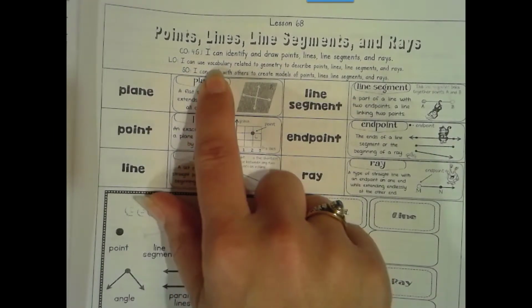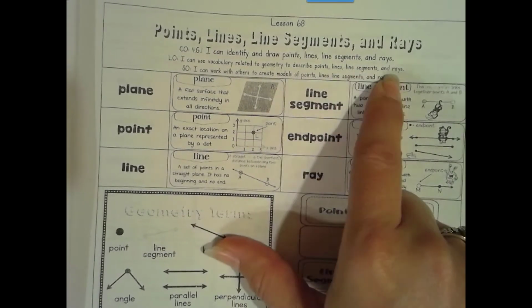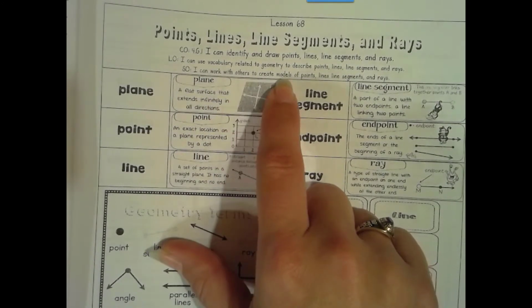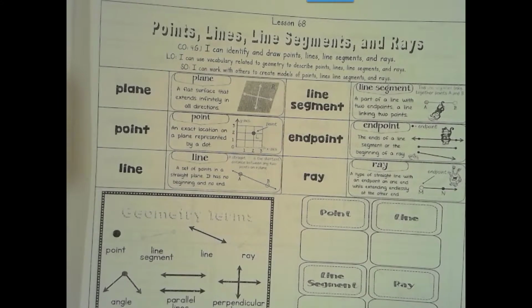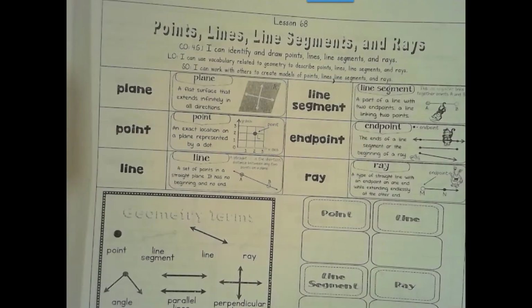Language objective: I can use vocabulary related to geometry to describe points, lines, line segments, and rays. Social objective: I can work with others to create models of points, lines, line segments, and rays. This should actually have a comma between lines and line segments.